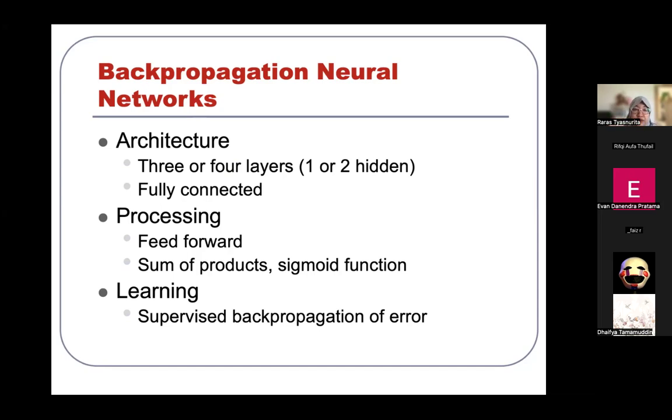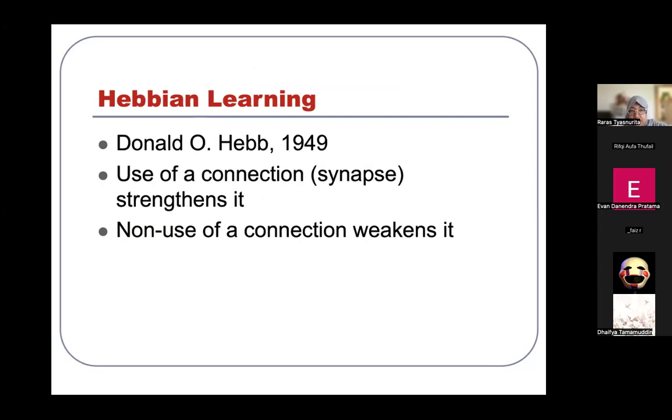That gives you the input times the weights, and you do the summation. And the learning is supervised backpropagation of error. So you have the error feedback after you go feed forward into the output, and you learn from this error by propagating it back toward the input.